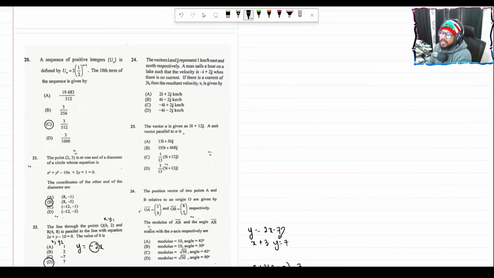The vectors i and j represent 1 kilometer per hour east and north, respectively. Okay, so i is to the east and j is to the north. A man sails a boat on a lake such that the velocity is -i plus 2j. Now, -1 to the east could be 1 to the west.